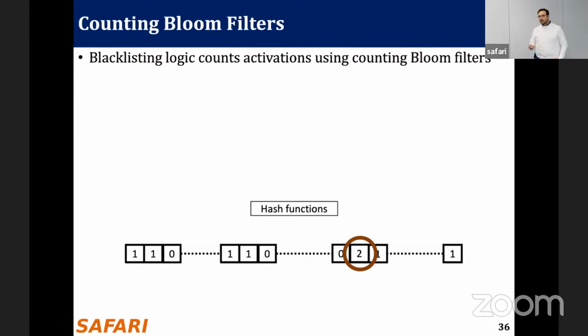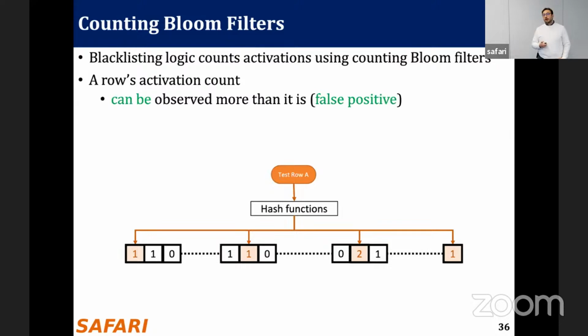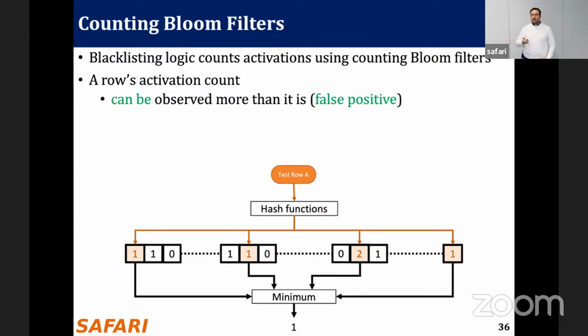As a result, a row's activation count can be observed as more than it actually is. We call this case a false positive. And when we test row A's activation count, for example, we look at all these counters, and then we get the minimum value out of them.